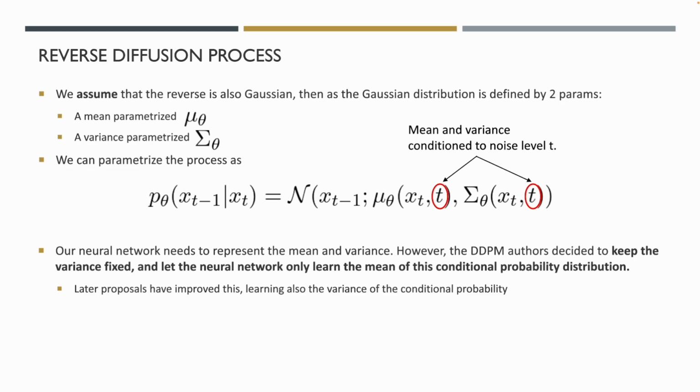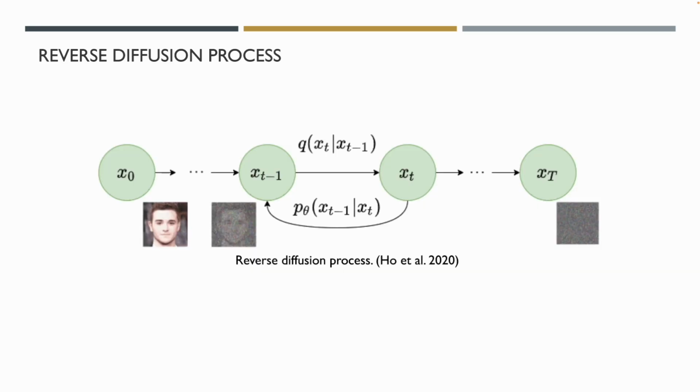However, DDPM authors, for example, decide to keep the variance fixed and let the neural network only learn the mean of this conditional probability distribution. Later proposals have improved this, learning also the variance of the conditional probability. As we can see here, this is what we explained before. This is what we are trying to model, this reverse process.